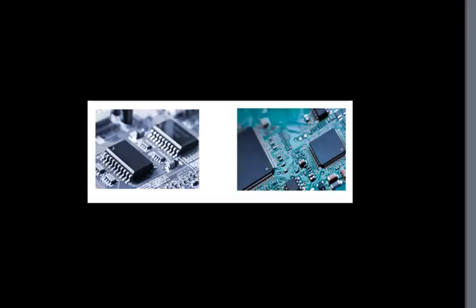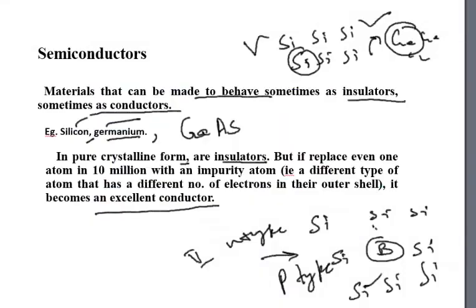Now, what is the difference? The difference is that semiconductors don't conduct below room temperature, but conductors can conduct below room temperature as well.